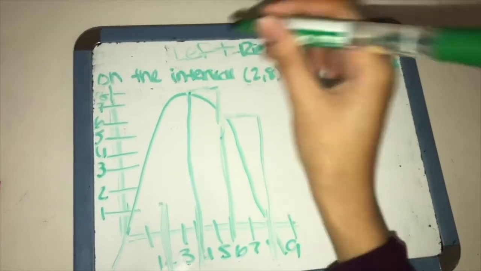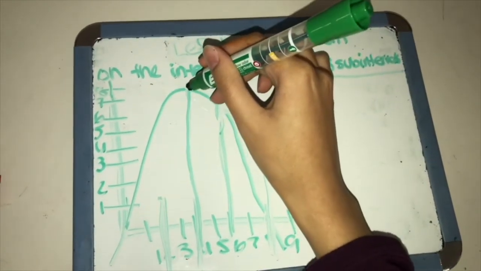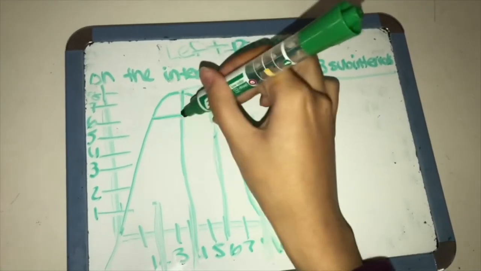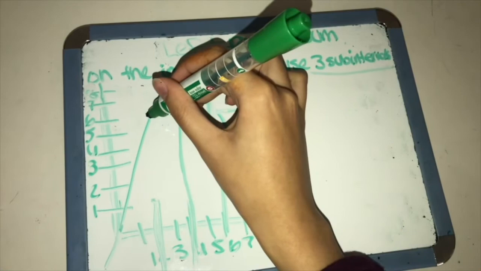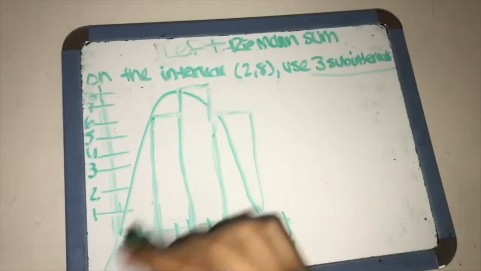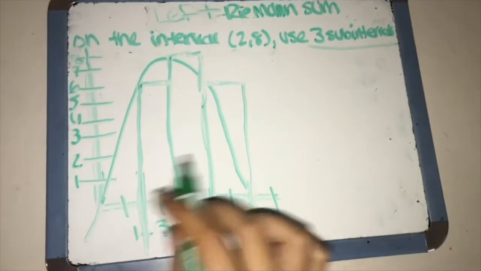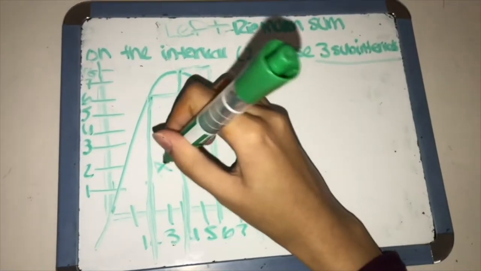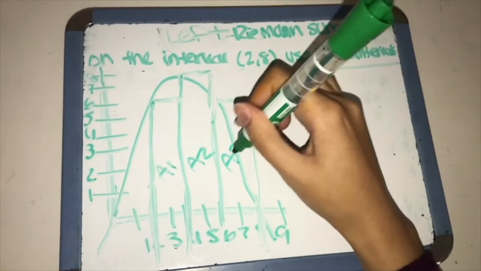This is not really straight, I'm sorry guys. And then we'll have to go touching this point right here. It'll be right here, and then go down all the way. So we have 3 sub-intervals, okay? 3 rectangles, right? So we have area 1, area 2, and area 3.